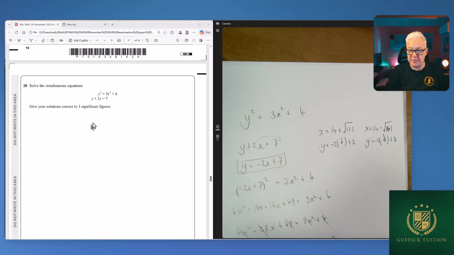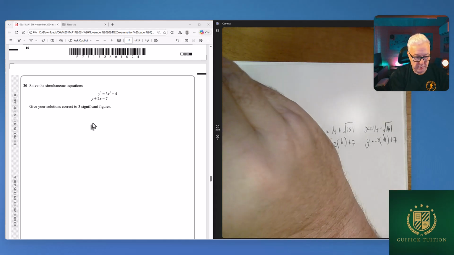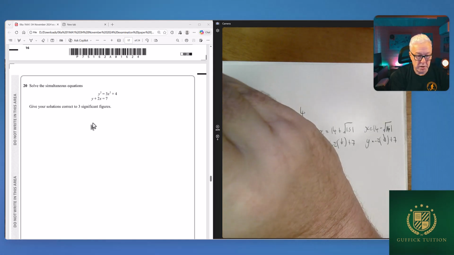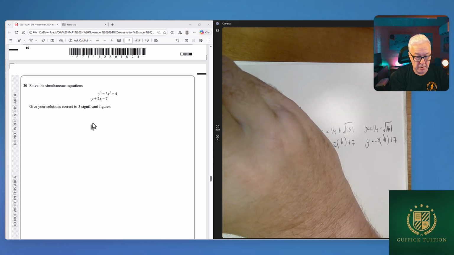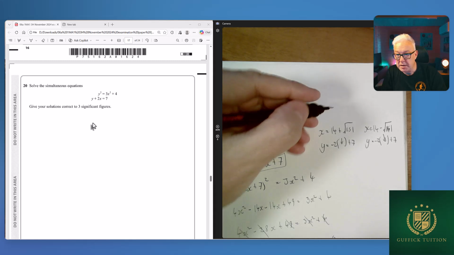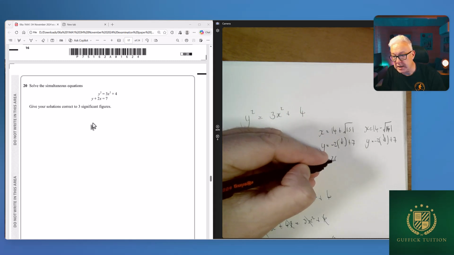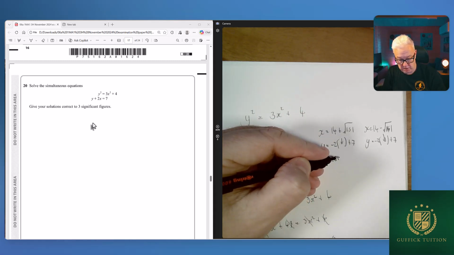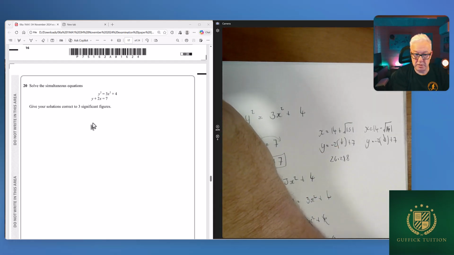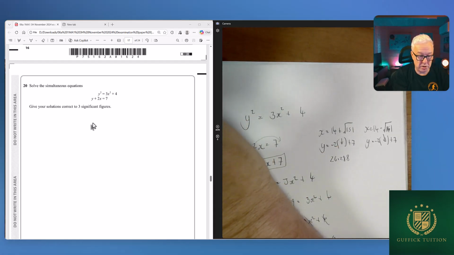And let's see what that gives us then. So 14 plus root 151 is 26.288. Now let's put that answer in, we're going to times that by 2.